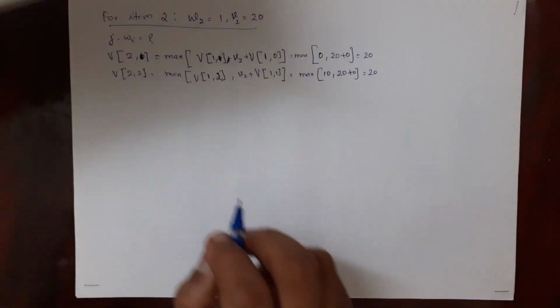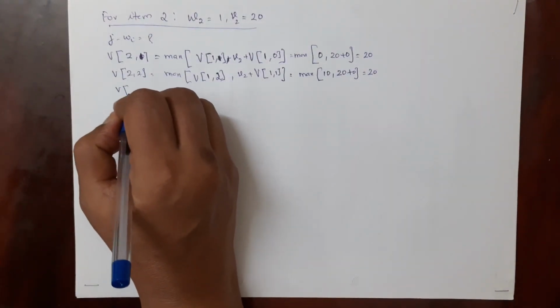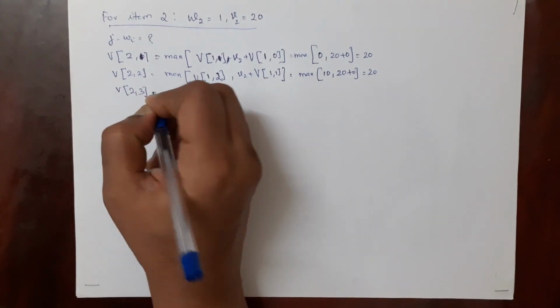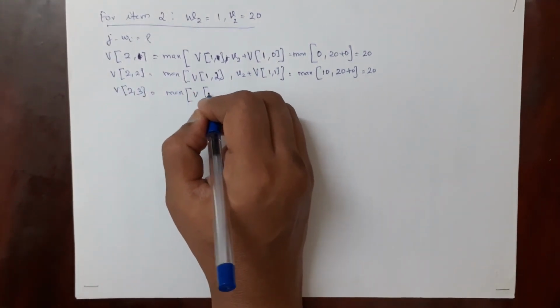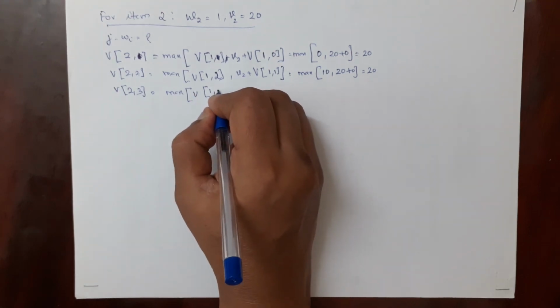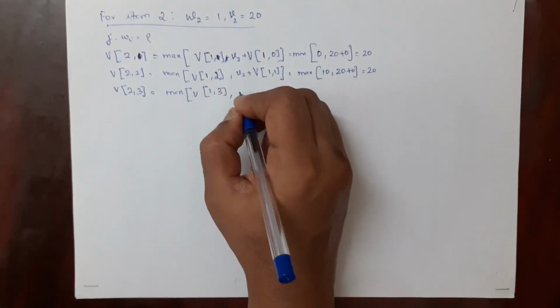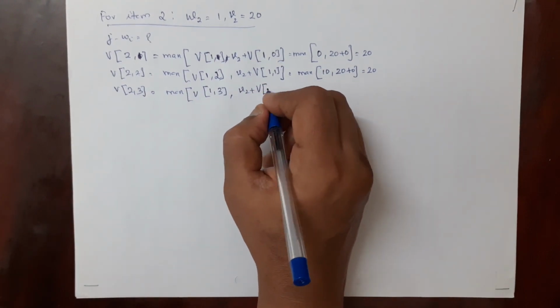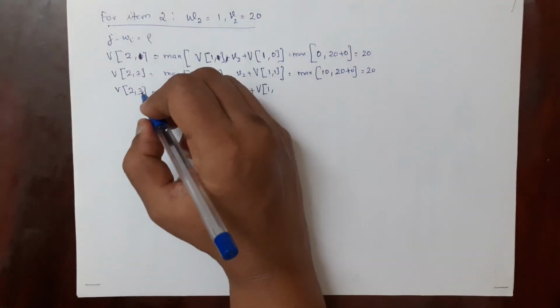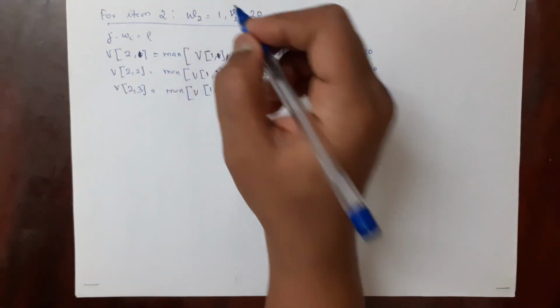Next we have 2 comma 3, that is equal to maximum of, we have I minus 1, that is 1 comma, we have to keep j as it is, plus v2 plus v of I minus 1, that is 1 comma j minus wi, j value is 3 minus wi 1, 2.